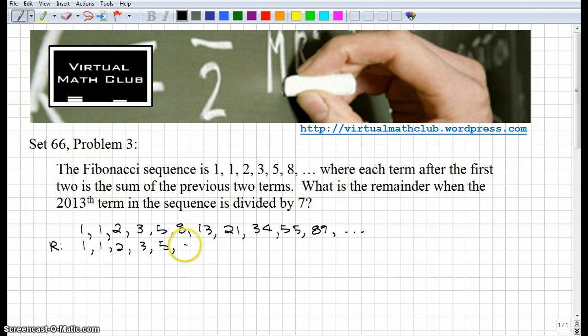The remainder there is 1. Now 13 divided by 7 gives a remainder of 6, so we have 1, 7, and a 6 make 13. 21 divided by 7 goes in evenly 3 times, so we have a remainder of 0.